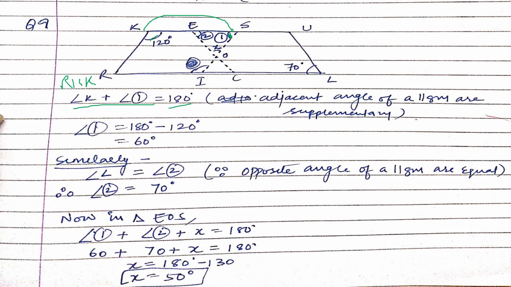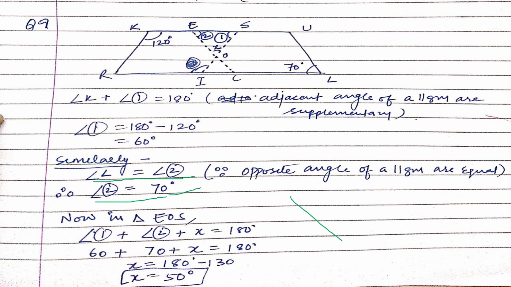By this we have got angle 1 equal to 180 minus angle K, and angle K is 120. So this is 60 degrees. In a similar way, angle L is equal to angle 2, because they are opposite angles. That means angle 2 is also 70 degrees.